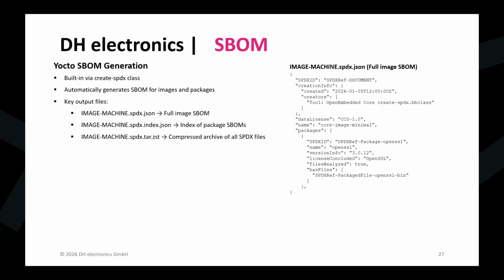This is just an index pointing to multiple SBOMs. It does not include all the package details, only references. This is typically used when the image contains many packages, each with its own SBOM. The last file is an archive containing the complete SBOM and the index plus package SBOMs.